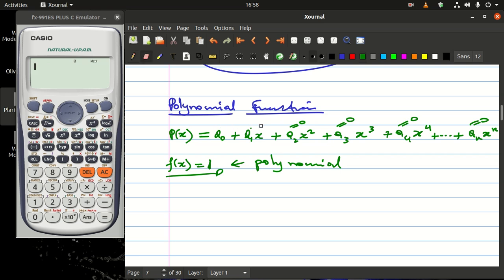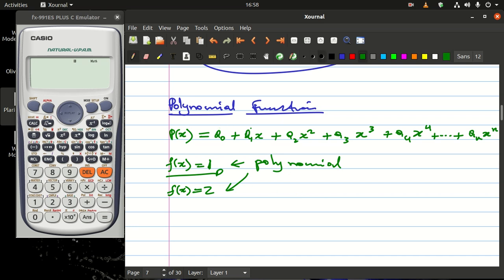Now let's try something else and see. I want us to see different examples of polynomials. So if I set this equal to 2, and all the others equal to 0, you have f of x is equal to 2. This is also a polynomial.